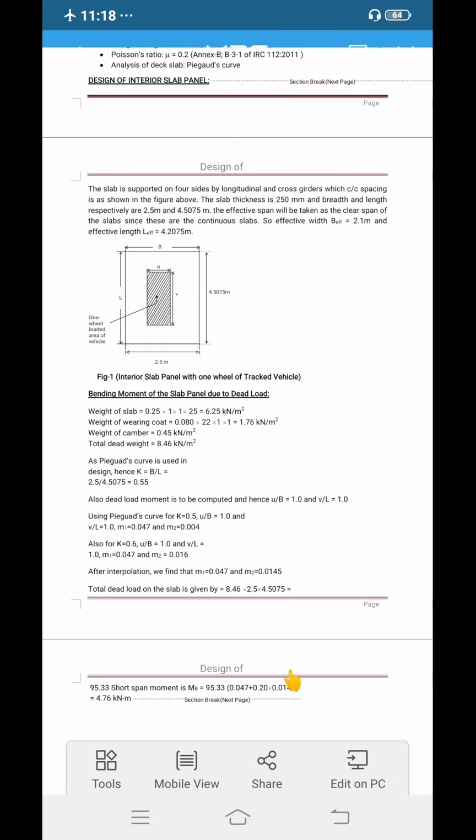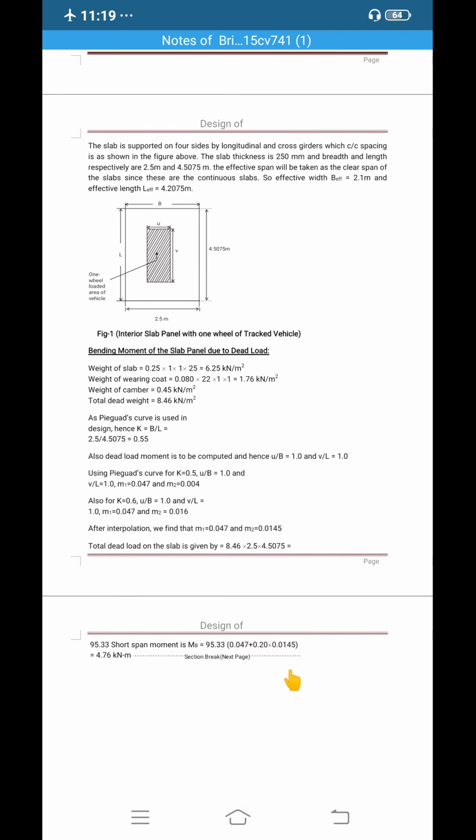If you divide, we get K equal to 0.55. We will assume that the U by B ratio is equal to 1 and V by L ratio is equal to 1. So with that K, we will go to Pigeaud's curve now.